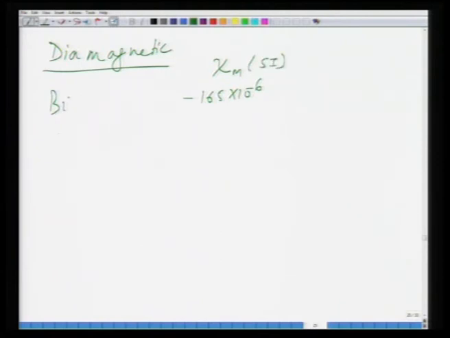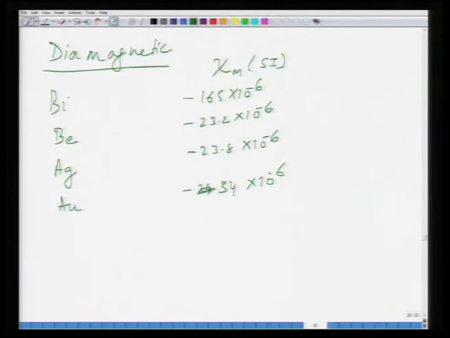Then you have beryllium, which has minus 23.2 into 10 to the minus 6, and then a more common material like silver, which has minus 23.8 into 10 to the minus 6, and gold which has minus 34 point something into 10 to the minus 6. Silicon is also a diamagnetic material, with minus 4.1 into 10 to the minus 6.